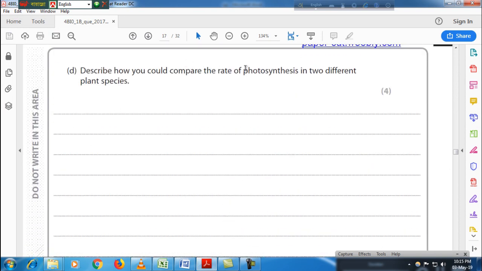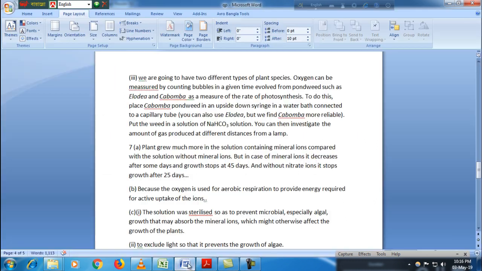Describe how you could compare the rate of photosynthesis in two different plant species. Now here we are comparing two different plant species. The two plants which we will take are Elodea and Cabomba.